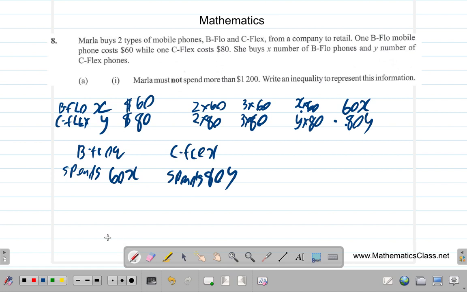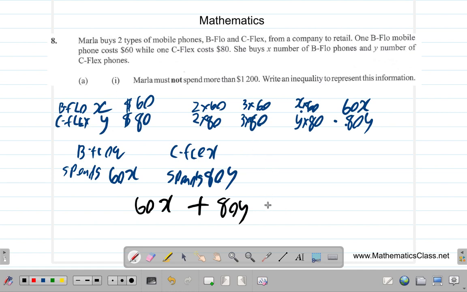Now, the amount of money she spends on B Flow phones, 60x, plus the amount she spends on C Flex phones, 80y, must not pass a certain amount. Which amount? It says Marla must not spend more than 1,200.